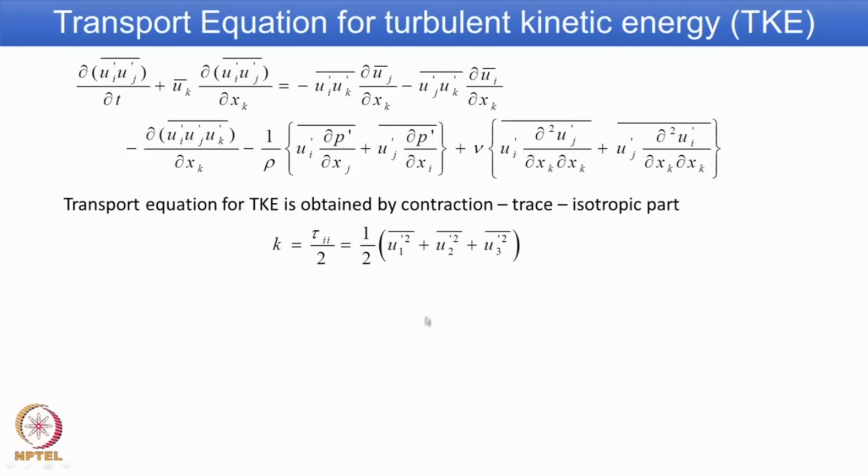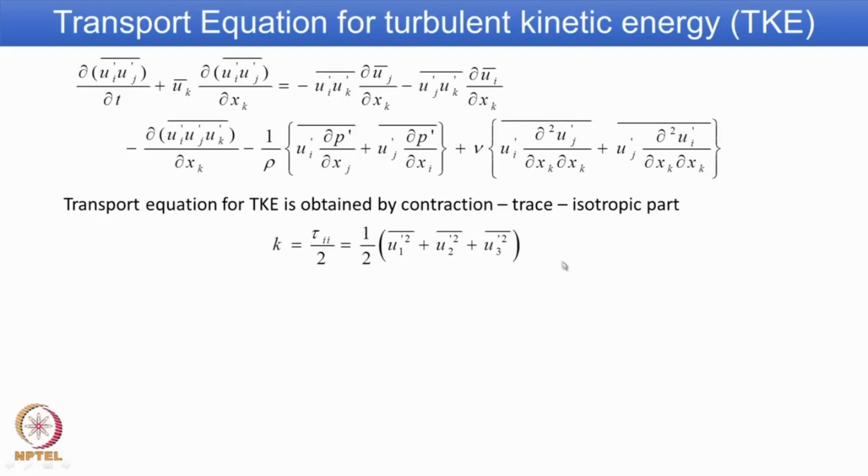In the form of an expression, it is shown here. We wrote tau_ij for Reynolds stress. Now, we have the same value for the index i as well as j. So, it is now written tau_ii by 2, and what is tau_ii? It is the normal stress, so u_1' squared bar plus u_2' squared bar plus u_3' squared bar.